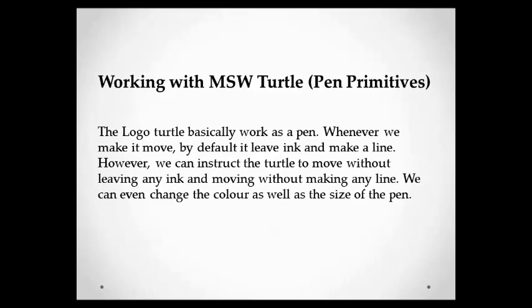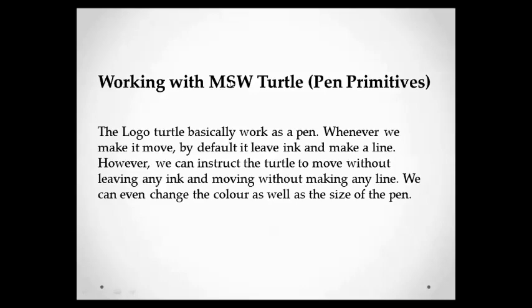You all know that the turtle basically works like a pen. So whenever we make the turtle move, it leaves ink behind it, and that makes a line. However, we can control the working of Logo's turtle's pen.